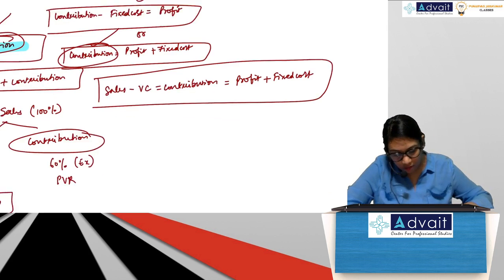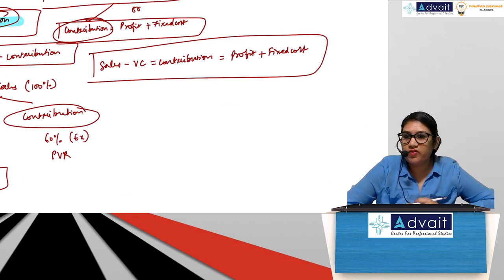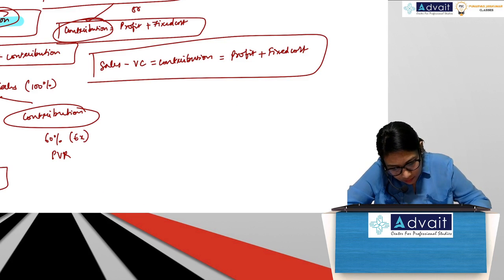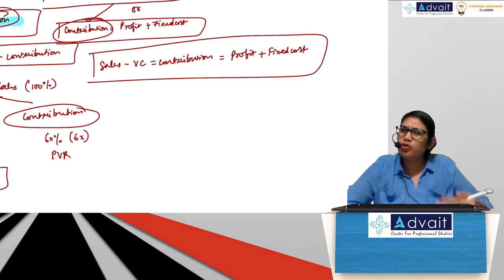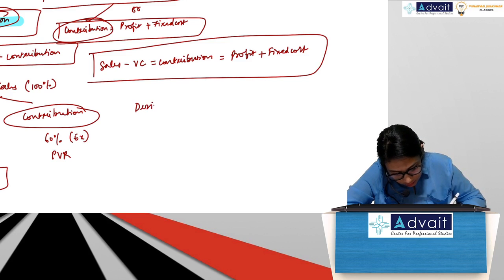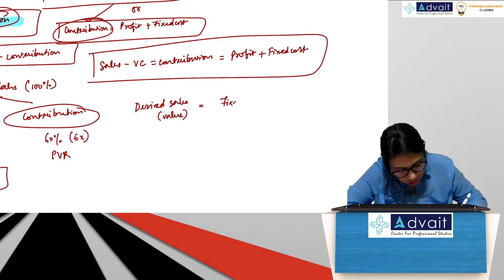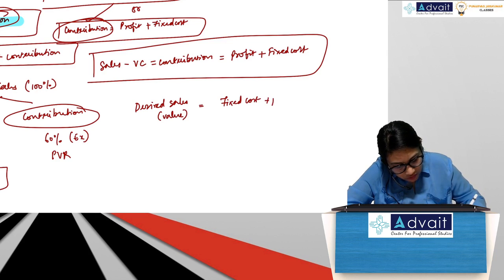Now there's one more formula which connects everything. Since we are writing the formula, we'll write it all in our book only. One more formula is desired sales in value will be equal to fixed cost plus profit by PV ratio.